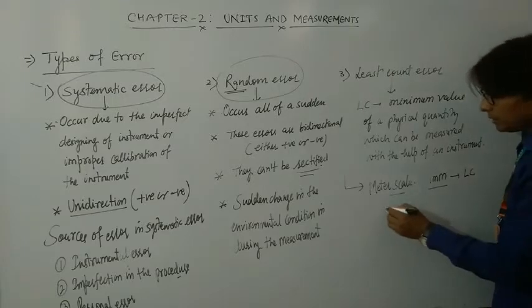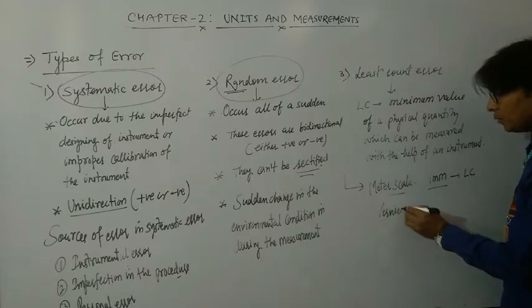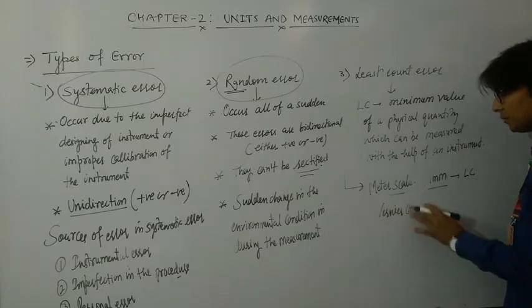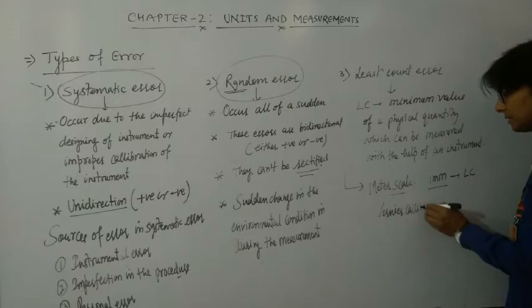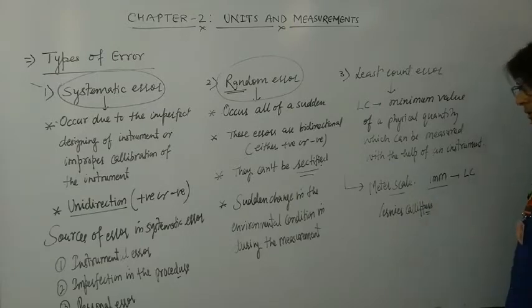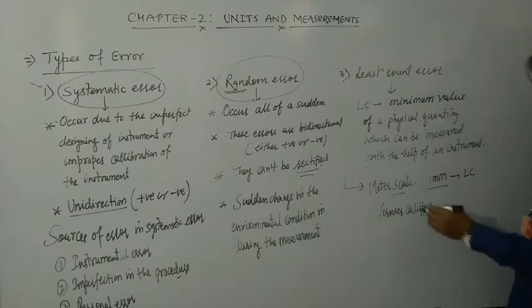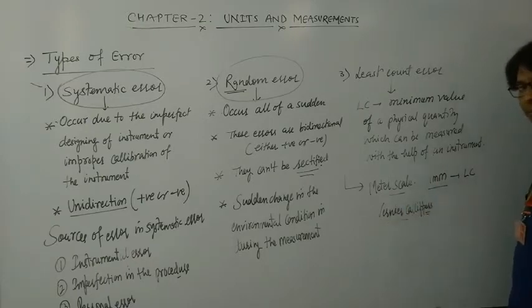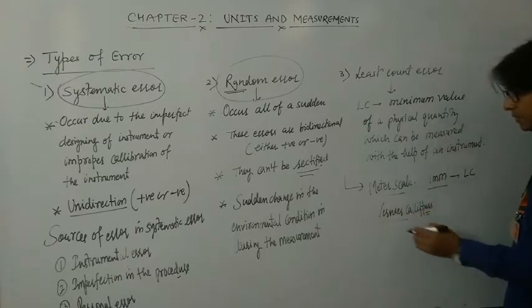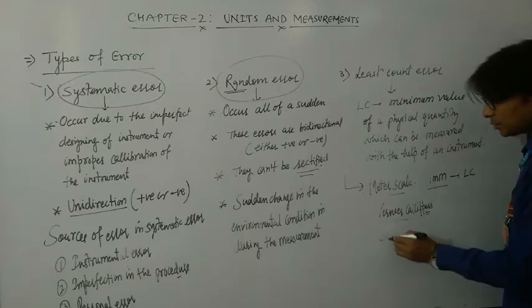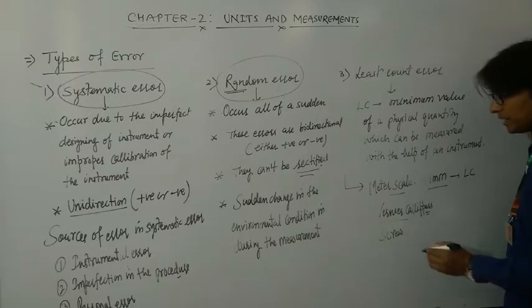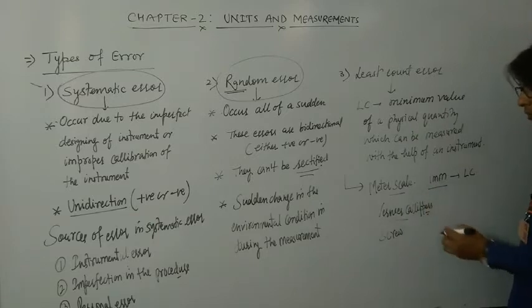Now let us talk about the vernier caliper. You will study the vernier caliper in your practical syllabus or in labs. Vernier caliper and screw gauge are the two instruments with the help of which we can measure small distances.